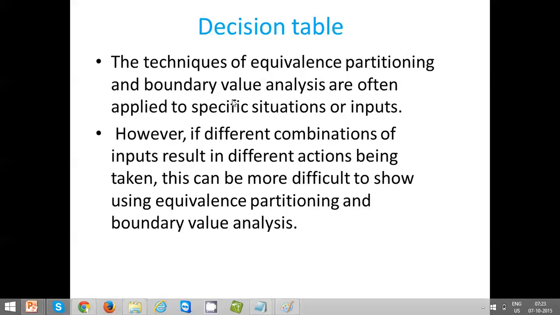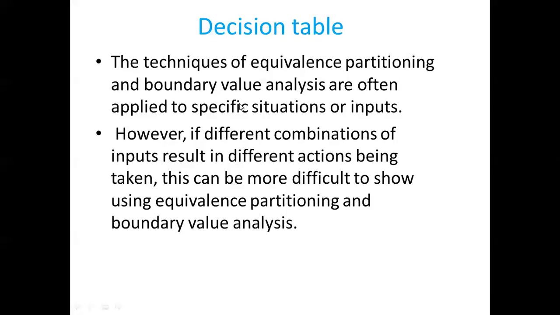Each field will have a set of ranges. For example, if you take age, it will have 18 to 100. There you can apply equivalence partitioning and boundary value analysis, and that's well and good. But if you want to test multiple input fields together, then decision table is the right choice.